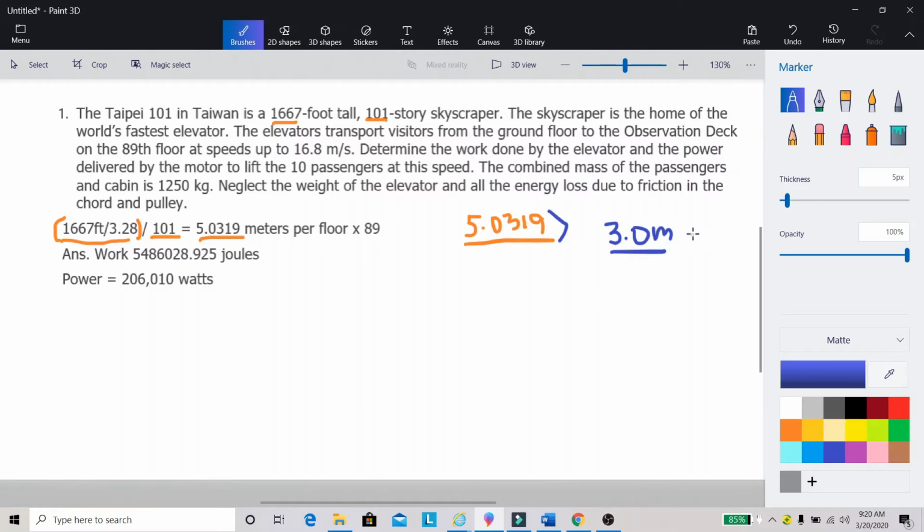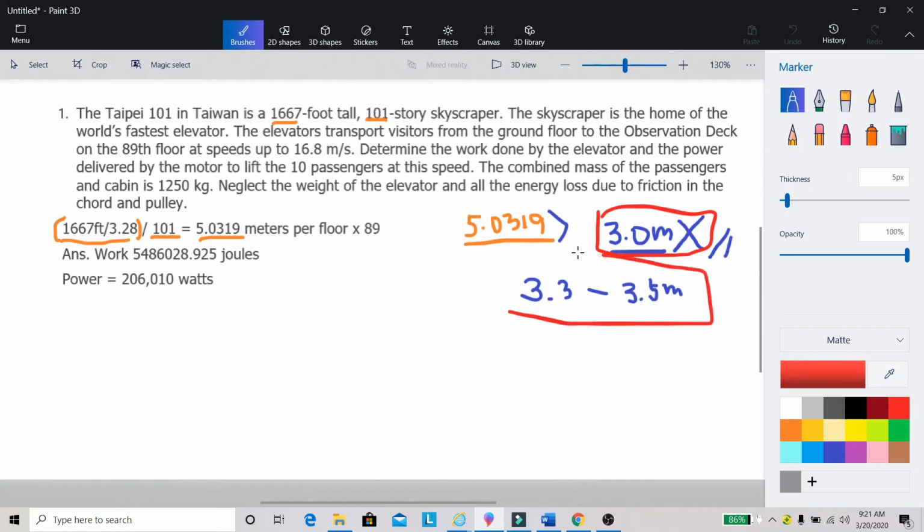Pero ngayon, na-obsolete na po itong 3 meters na to. Actually, marami na pong buildings ngayon. Ang sinusunod ay from 3.2 or 3.3, sorry, to 3.5 meters. Okay. So kahit po ito yung nasa building code natin, dahil sa evolution ng ating marami na po kasing nadadagdag na utilities ngayon sa ating mga buildings.